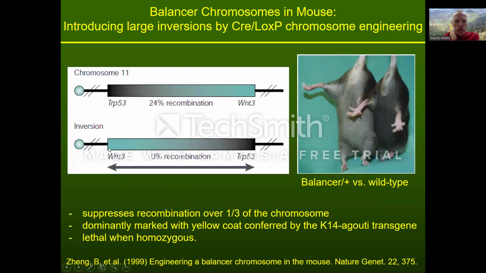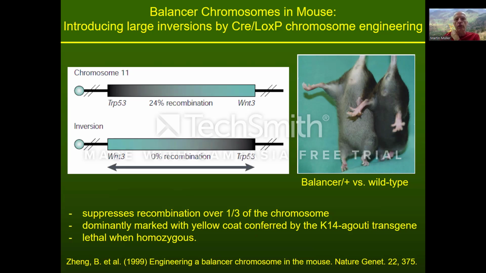Then, by using the Cre recombination system, an inversion was introduced, and now Wnt is on the other side and TRP53 is on this side, and the recombination frequency drops to 0%.